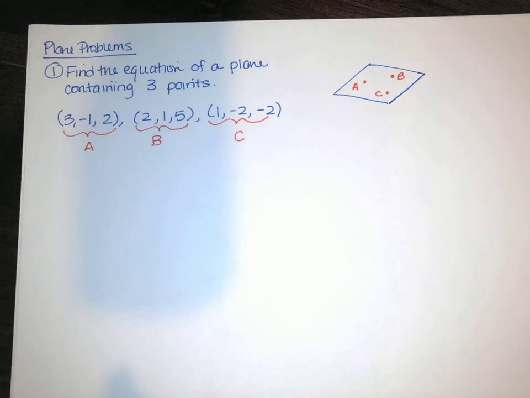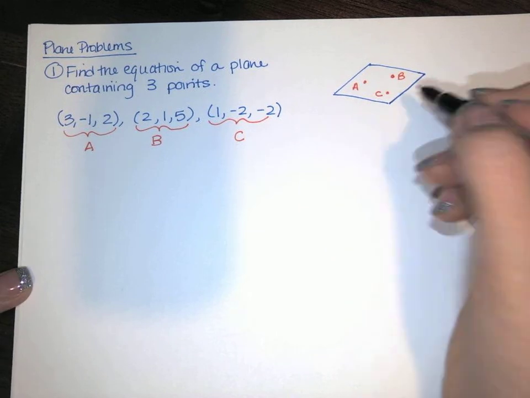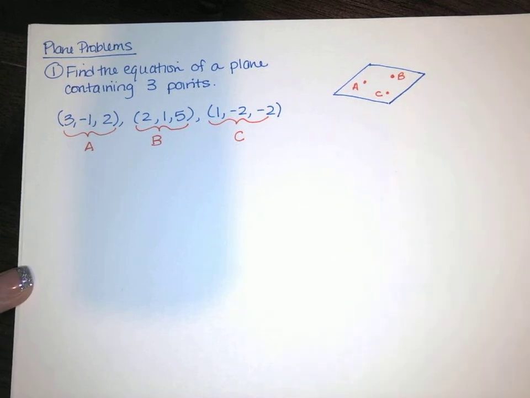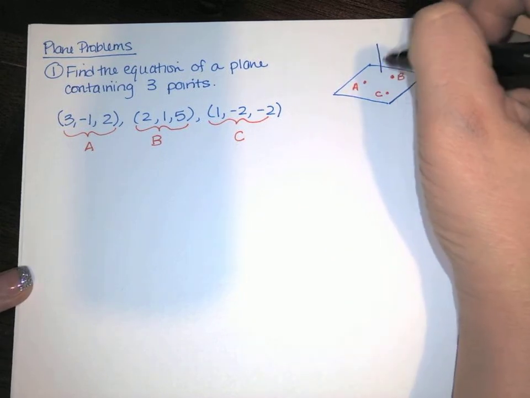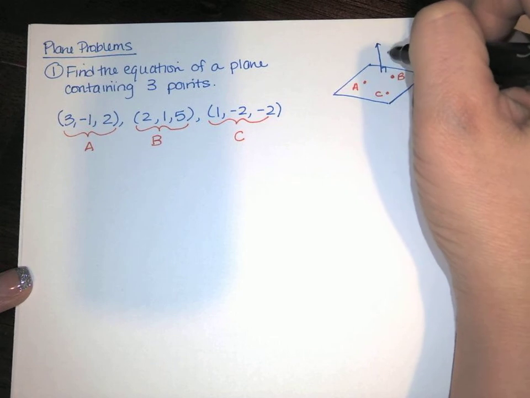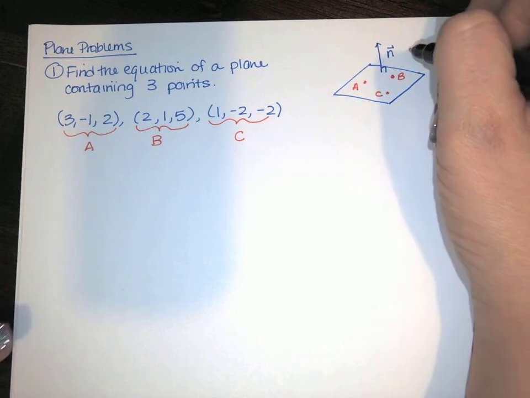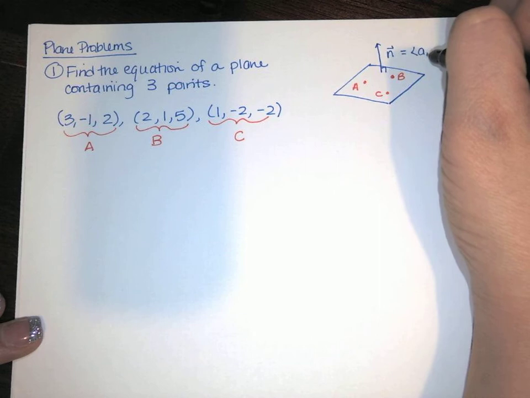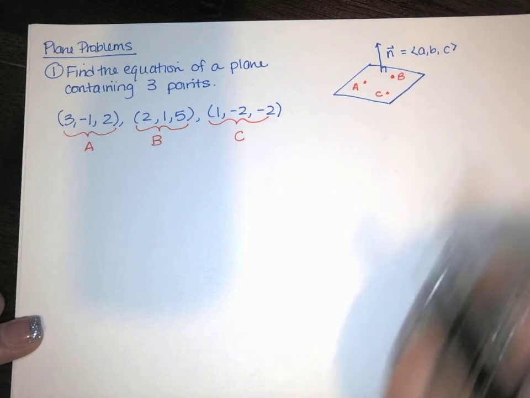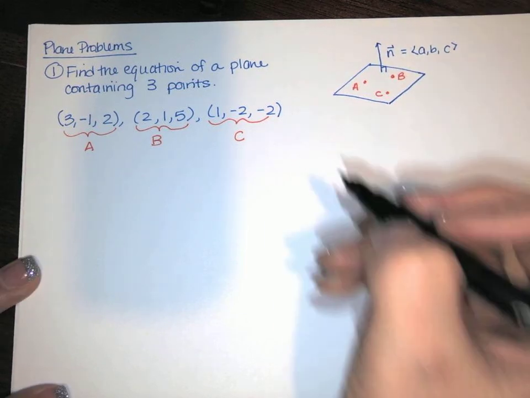Now we know from the previous video that to find the equation of the plane, we need a normal vector to the plane. So that's a vector that meets the plane at a 90-degree angle. It has components A, B, and C, and a point in the plane.